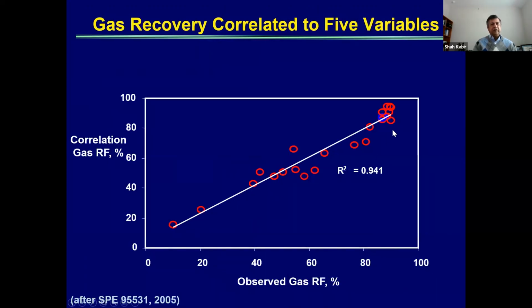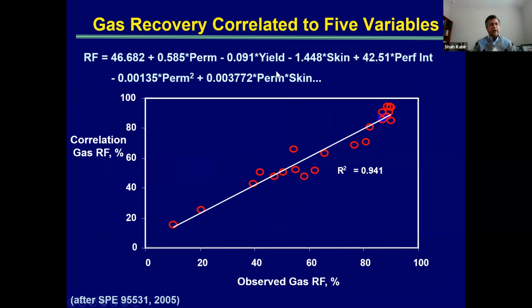And for our system, we did a statistical design of experiments to come up with a game plan. How does that play out? You see, the recovery factor is a function of several variables, and you'll get 46% within our envelope with the system that we studied.